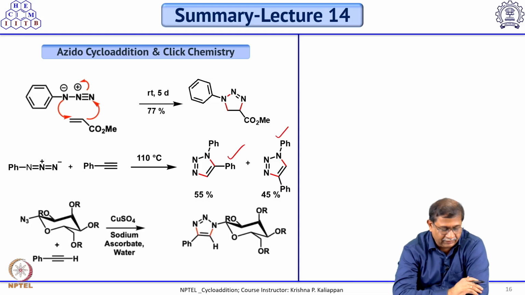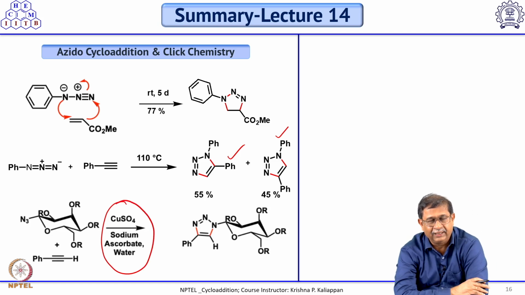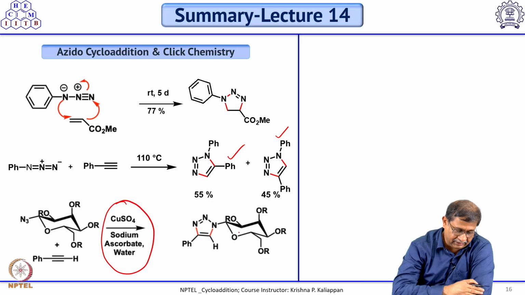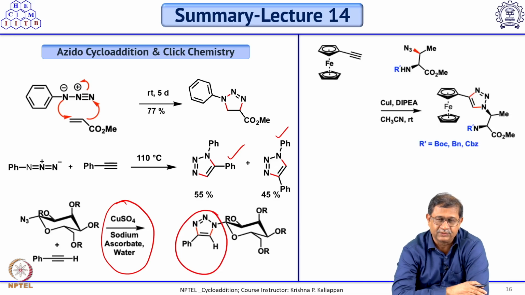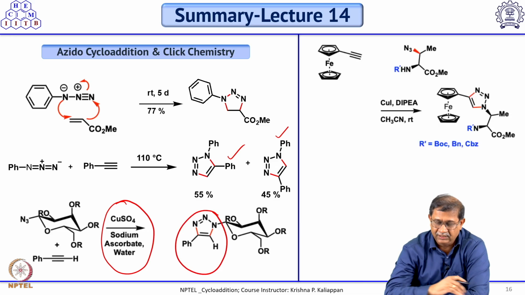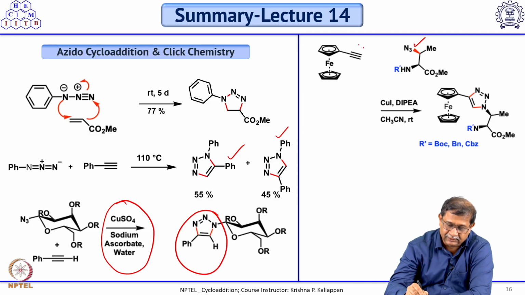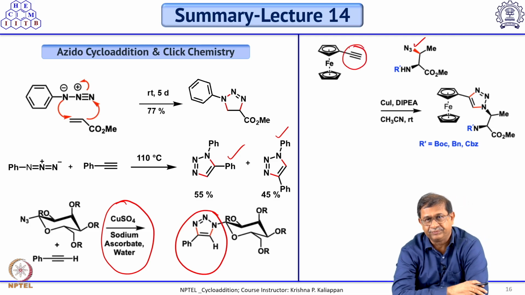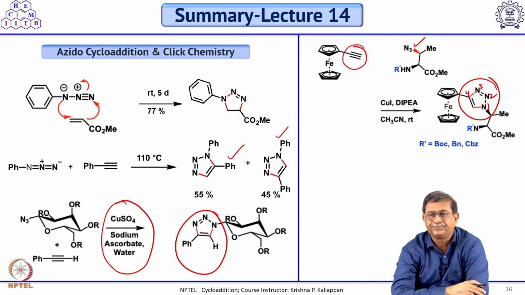However, with the advent of using copper sulfate and sodium ascorbate or copper iodide and diisopropylethylamine developed by Sharpless, one can get only 1,4 triazoles, and many 1,2,3 triazoles have been made using this click chemistry. For example, if you have amino azides derived from amino acids, and the alkynyl ferrocene can undergo 1,3-dipolar cycloaddition to form this 1,4 triazole.